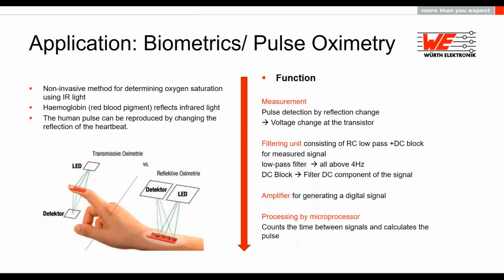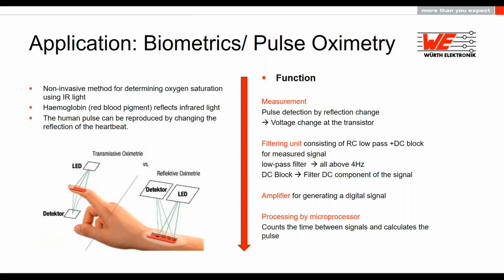One of the first applications that we did in our lab was to make a non-invasive oxygen measurement tool, or basically we built a biometric or pulse meter based on oximetry. How did this work?